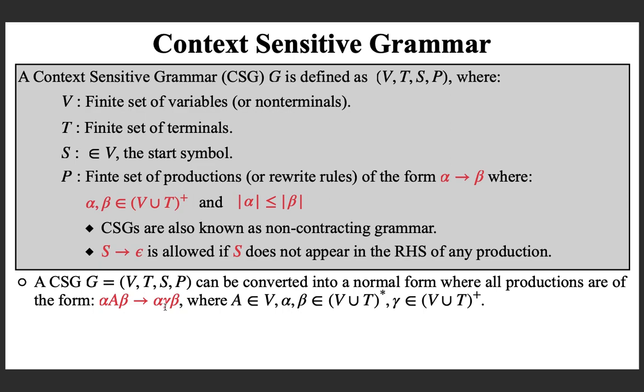So that's it. Now you see, what are you actually doing? If you look at the LHS and RHS, when the capital A, the variable, is coming in between two strings alpha and beta, you are replacing only the middle variable capital A with gamma. Alpha and beta remain unchanged.